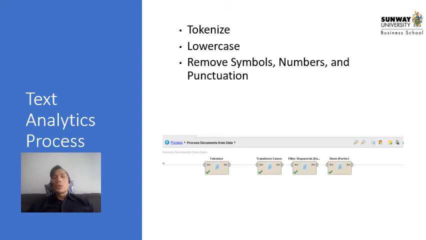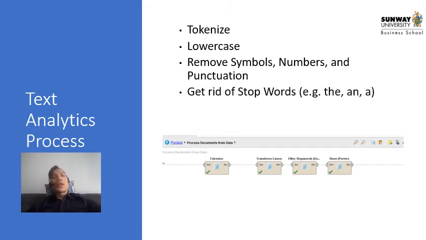You also want to remove symbols, numbers, and punctuation, which are not really communicative of anything important to the word. You might also want to get rid of stop words, for example, the, a, and, or even conjunction words like but, with, and so on, so that only the most important primary words appear.